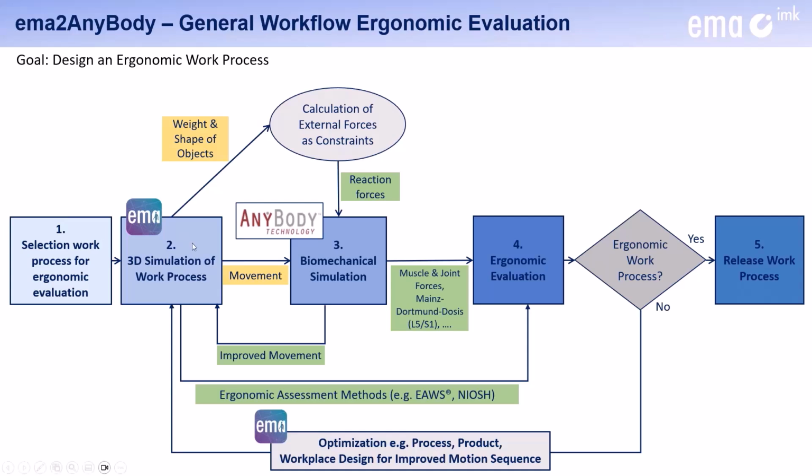Then the workflow starts again to check after the simulations: what are my new results? Is this now an ergonomic work process? This was the general workflow we had in mind to develop such an interface between both software systems.